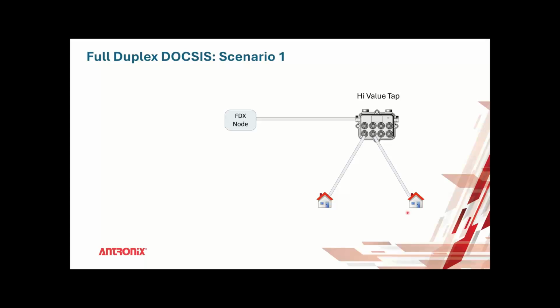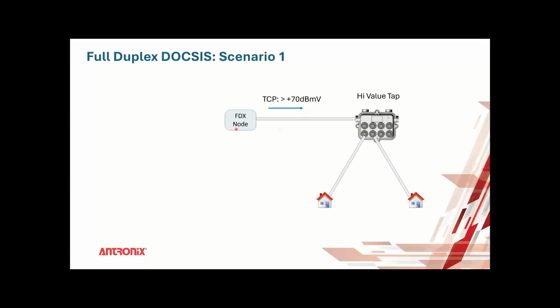So here's a scenario for full duplex DOCSIS, where you have a high tap value. This tap is very close to the node, and this node is transmitting at a very high output level. Current nodes have TCPs of greater than plus 70 dBmV.